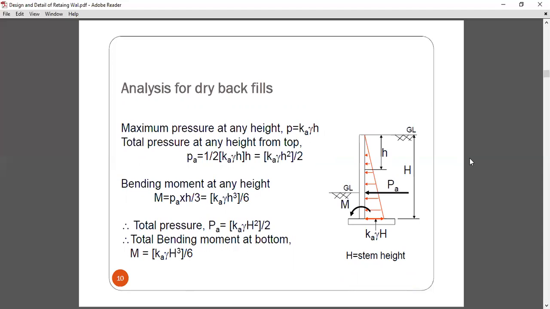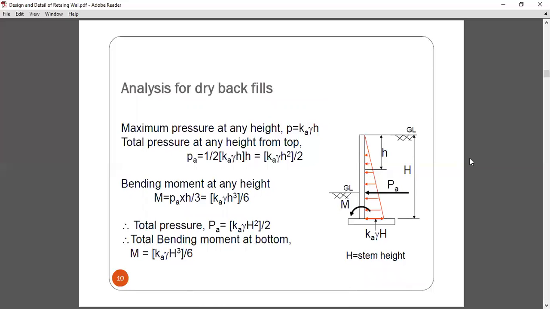This is a simple analysis of dry backfill. In such a case, we just state the equations, but here the main thing is the diagram.